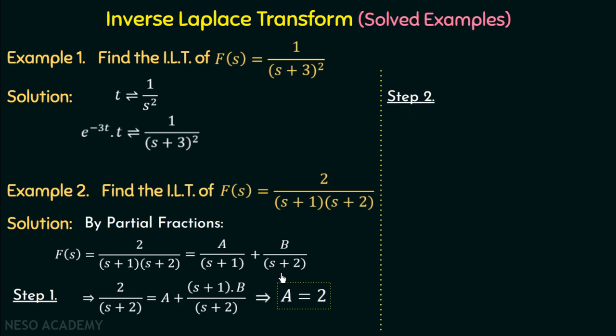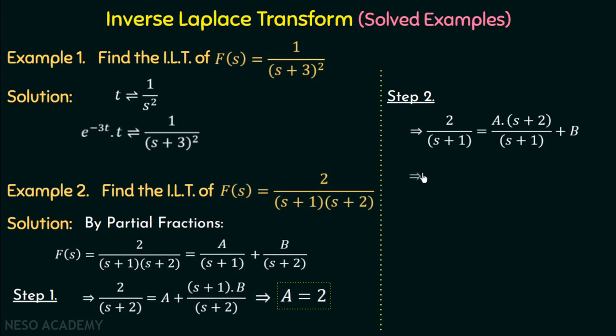And in step number 2, we will multiply the factor (s plus 2) on both the sides. So we have 2 over (s plus 1) is equal to A multiplied with (s plus 2) over (s plus 1) plus B. By multiplying with (s plus 2) on both the sides, we have isolated the factor B. And now we can calculate the value of B by substituting s is equal to minus 2.